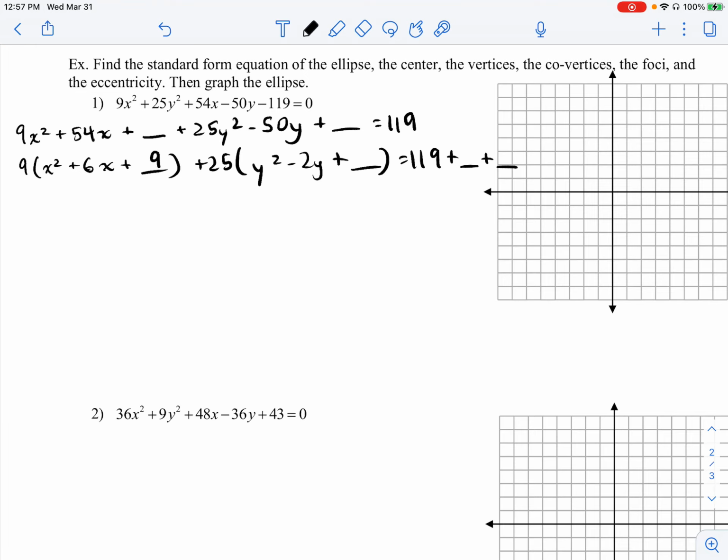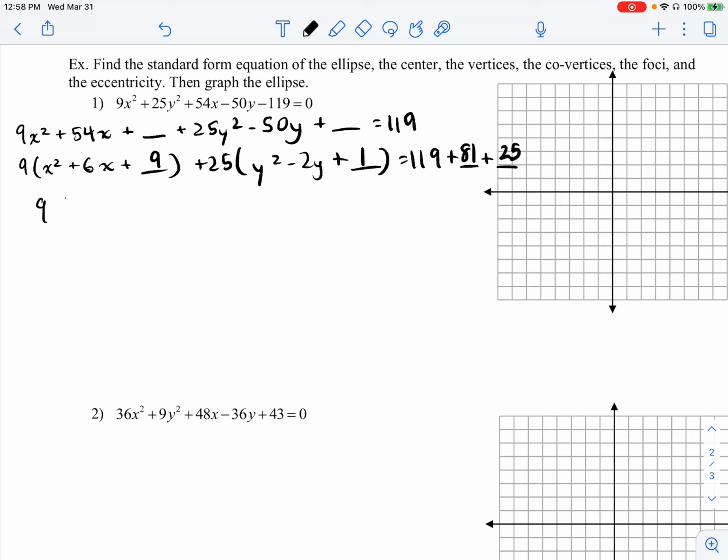So that would make this 9. However, it's important to note that because we have a factored out coefficient here, in order for us to put 9 there, we're actually adding 81, or 9 times 9, to both sides. Same deal over here. Half of negative 2 is negative 1, but negative 1 squared is 1. So I'm going to then go ahead and put 25 there.